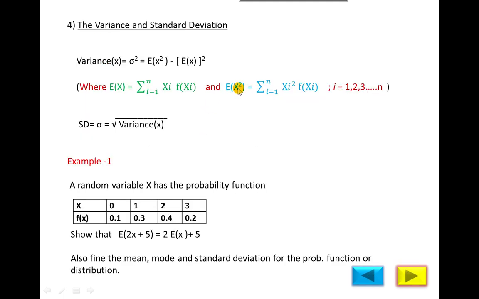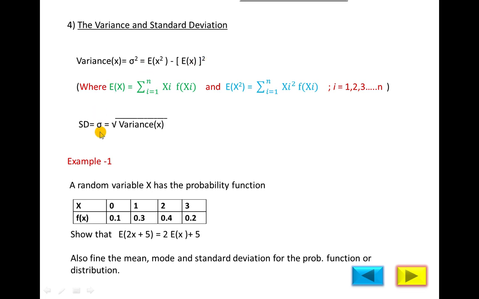And what will be E(x square)? If this term is x square, we will write here x square. First we will calculate x square, then multiply by the corresponding probabilities. You will obtain E(x square), then substitute here E(x square), minus sign, the value of E(x) here, then whole square. This is E(x square), this is E(x) whole square, both are different.